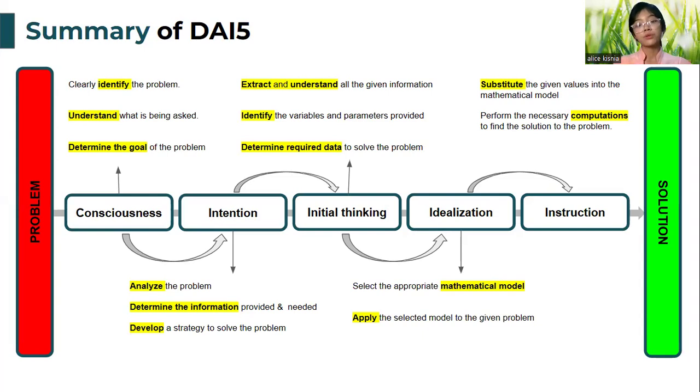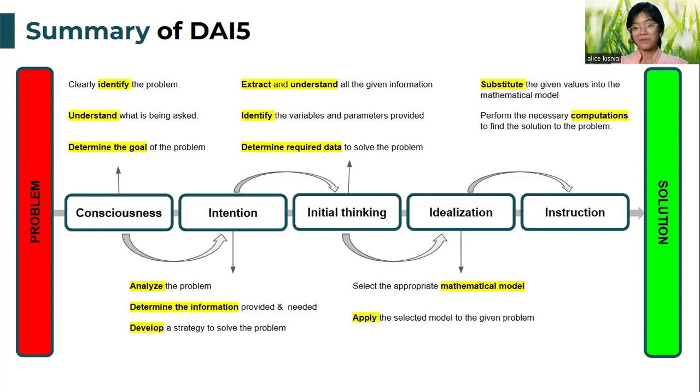And then we move to the third step, initial thinking. Initial thinking requires us to extract and understand all the given information, identify the variables and parameters provided, and then determine the required data to solve the problem. And then we move to idealization. Idealization requires us to select the appropriate mathematical model and then apply the selected model to the given problem.